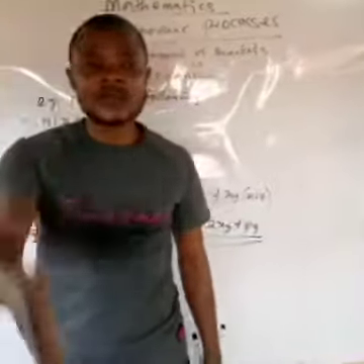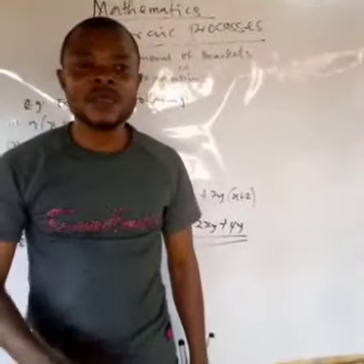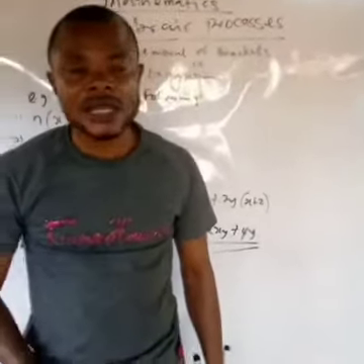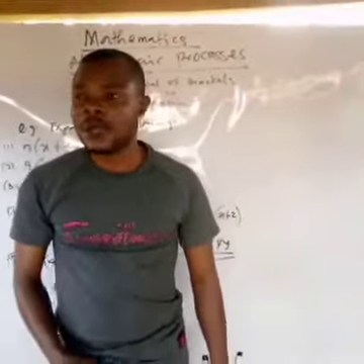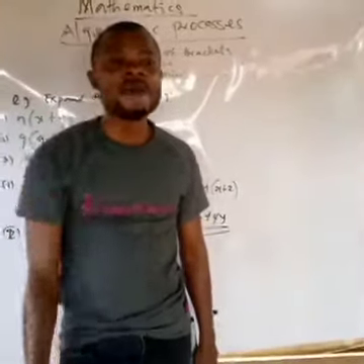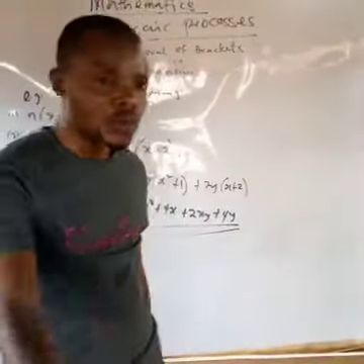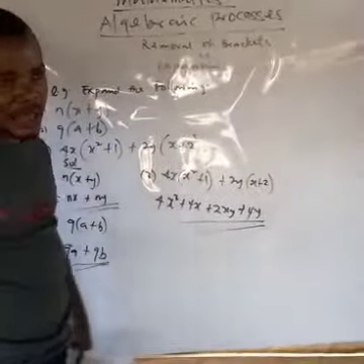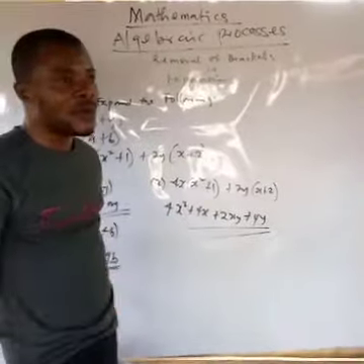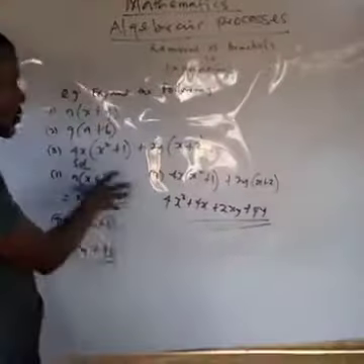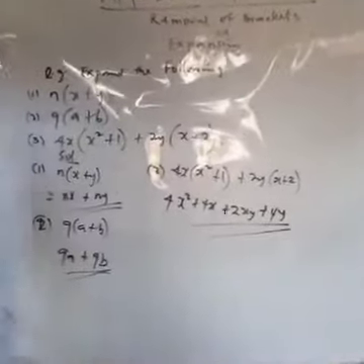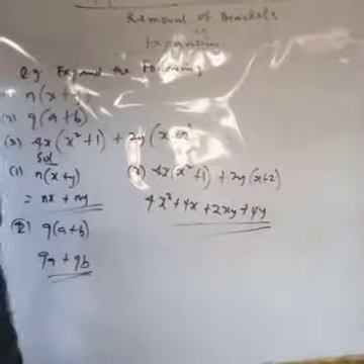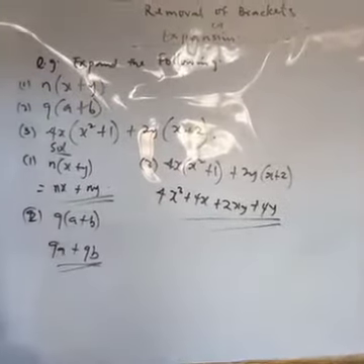We have linear expression, in which the highest power is 1, and quadratic expression, in which the highest power is 2. And I've also taught you how to remove brackets. These are some of the examples. Let me give you more examples on expansion or removal of brackets.